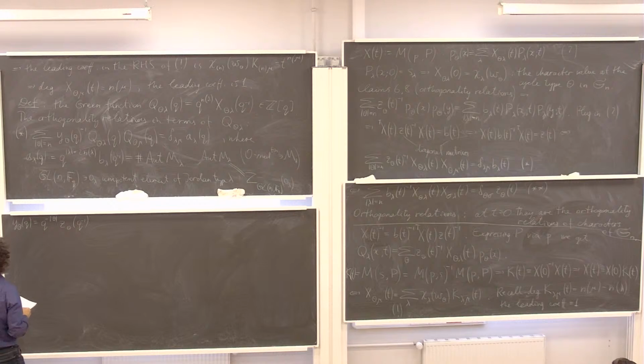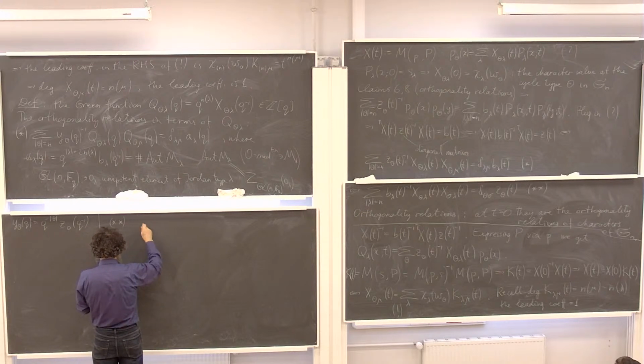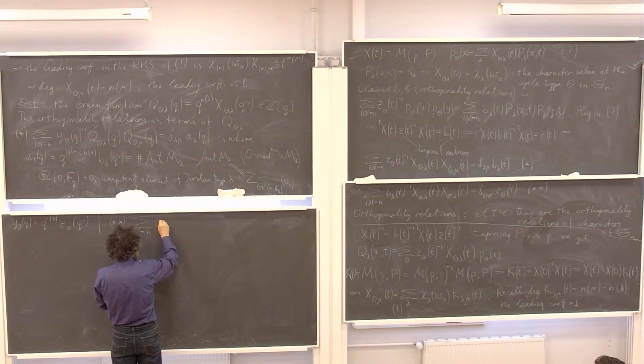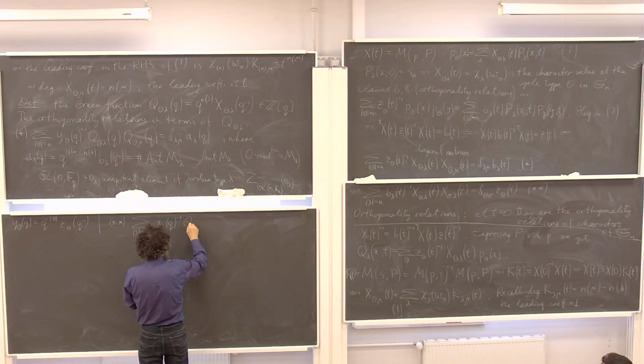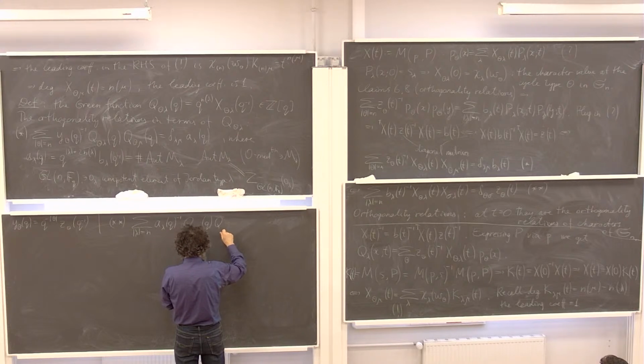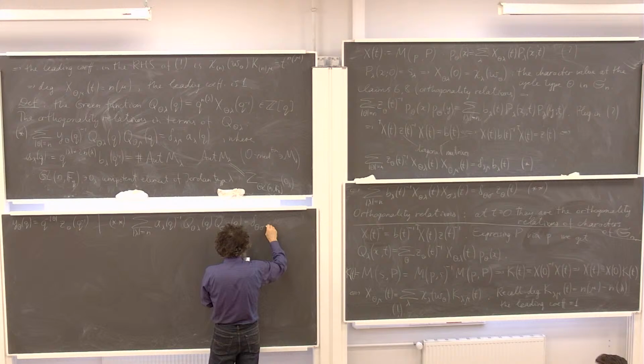And finally, the second orthogonality relation rewrites as the sum over all partitions of size lambda, a lambda of Q inverse, Q theta lambda of Q, Q sigma lambda of Q, equals delta theta sigma, Y theta of Q.